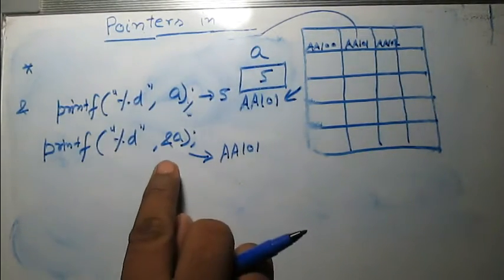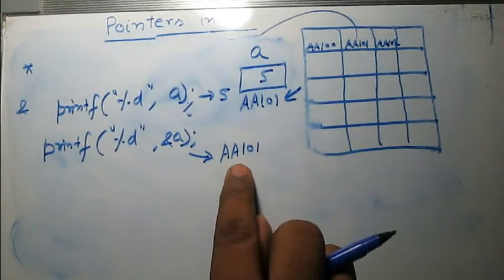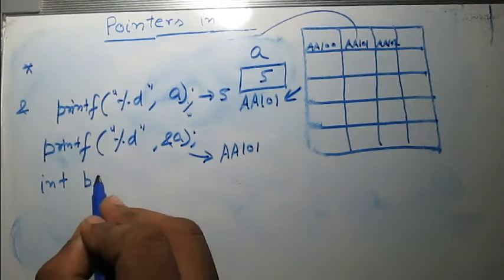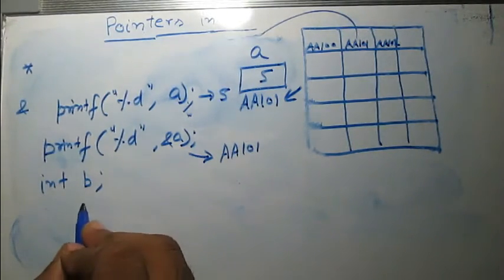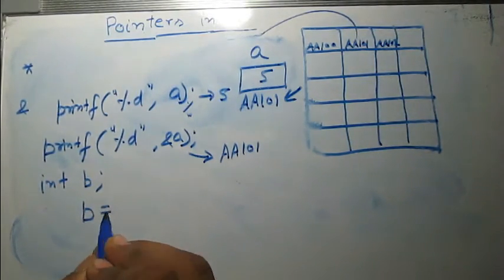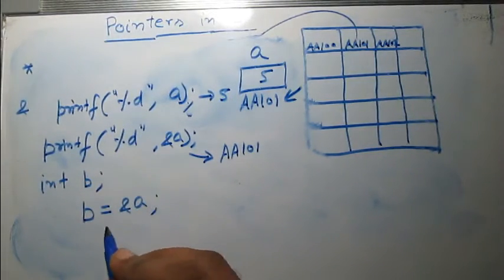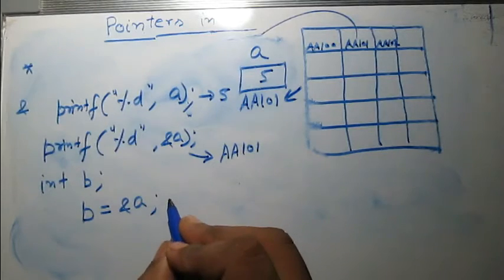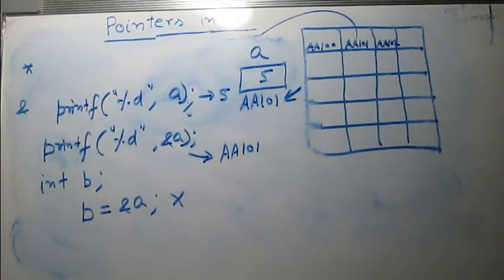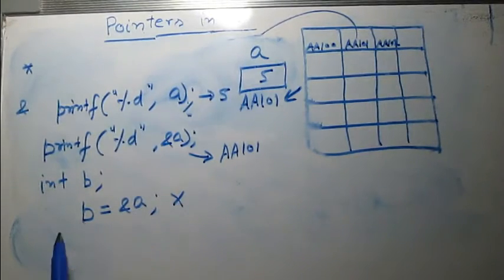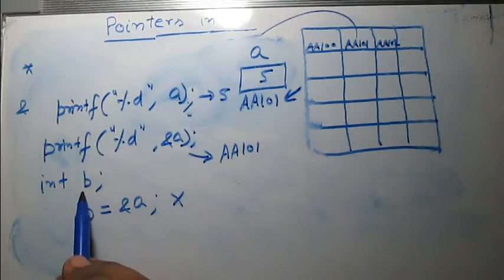Now suppose I want to store this address, meaning A101, into a variable. We have to declare a variable like this, int b. Now if I write b = &a, this statement is syntactically incorrect, because you are storing the address of a into a variable which is a simple integer type variable for values only.